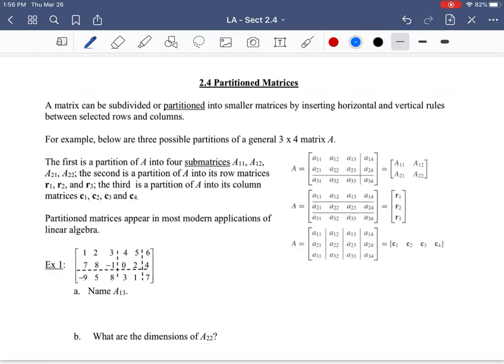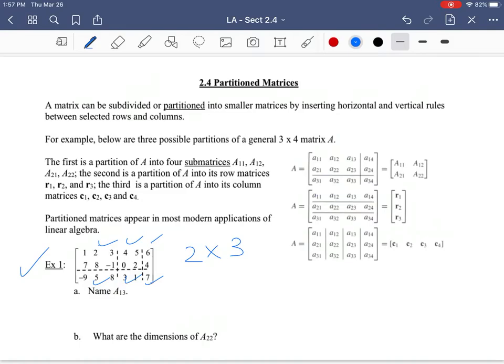All right, so when you partition a matrix, we're looking down here at example 1. Notice that this was a 3x6 matrix, and it got partitioned up. You have 1, 2, 3, 4, 5, 6 pieces right here. So what you've done is you've partitioned this into a 2x3 partitioned matrix.